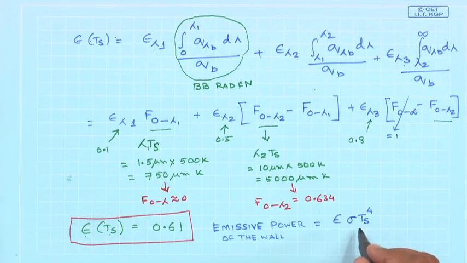That is the definition of emissive power. If this is a blackbody, then its emissive power would simply be equal to sigma T to the power 4, or in this case sigma Ts to the power 4. But it is not a blackbody. So, therefore, its emissive power is going to be epsilon times sigma Ts to the power 4.